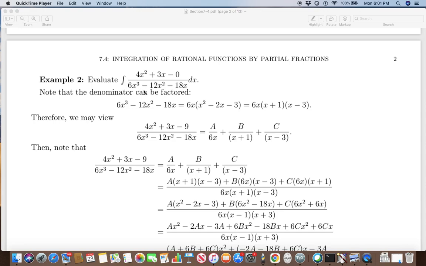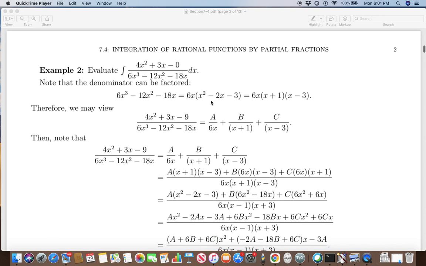Let's see whether we can factor the denominator. 6x cubed minus 12x squared minus 18x. Looks like 6x is common in all. So when you take 6x out, you're left with x squared minus 2x minus 3. This factors further, x plus 1 times x minus 3.